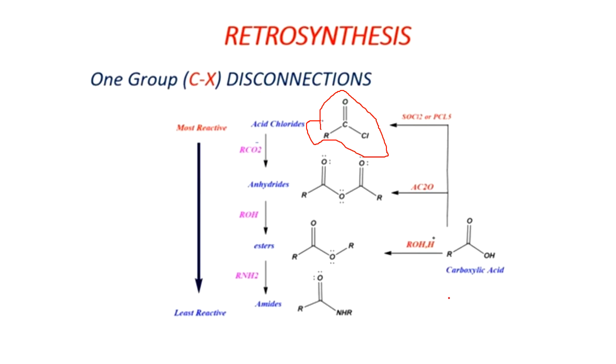Here it shows how the reaction occurs when we react carboxylic acid with ROH or any alcohol group. We get our ester compound. When we do a hydrolysis or acetylation reaction, we get this anhydride compound. On reaction with SOCl2 or PCl5 we get our acid chloride compound.